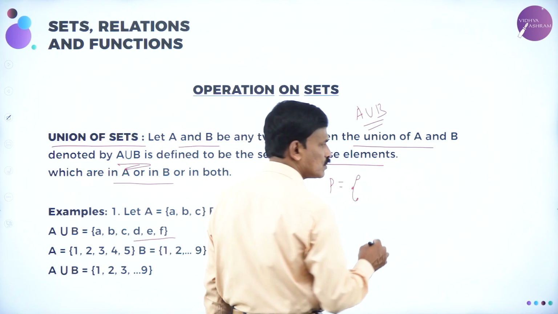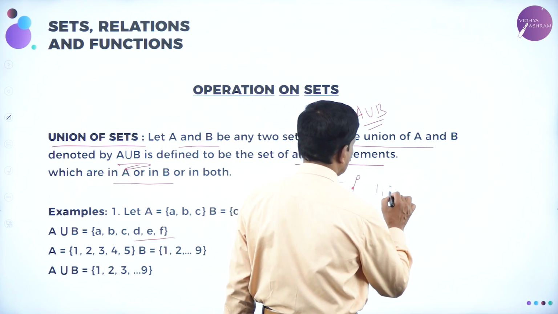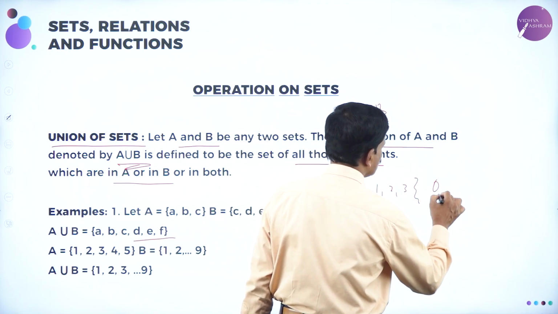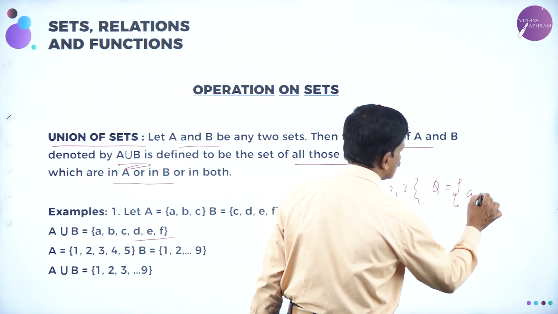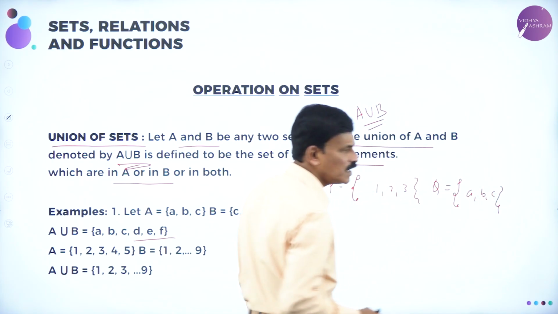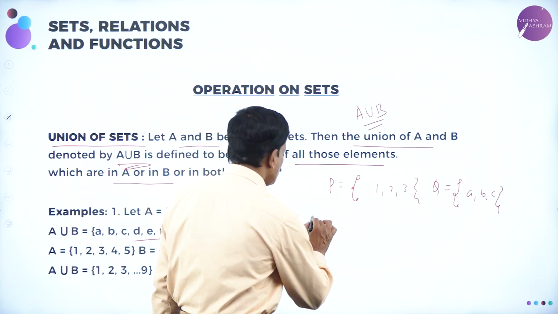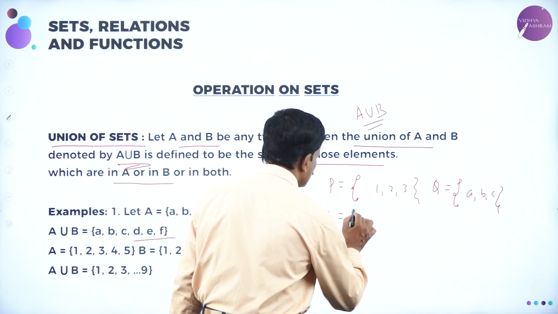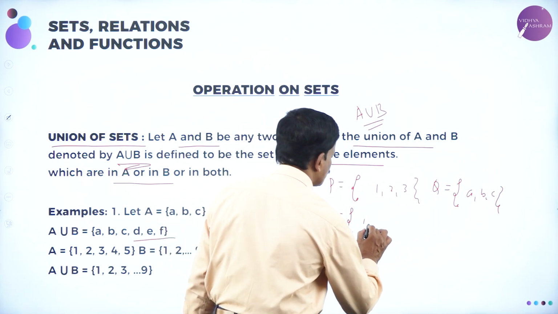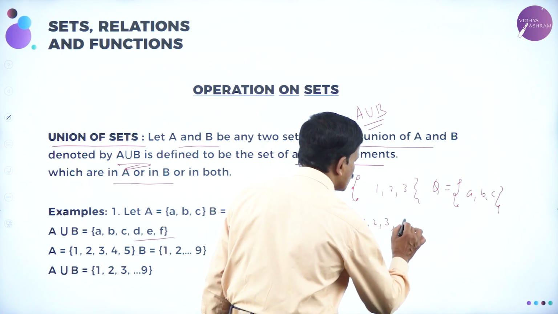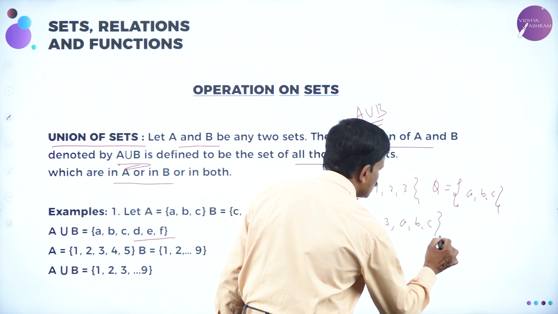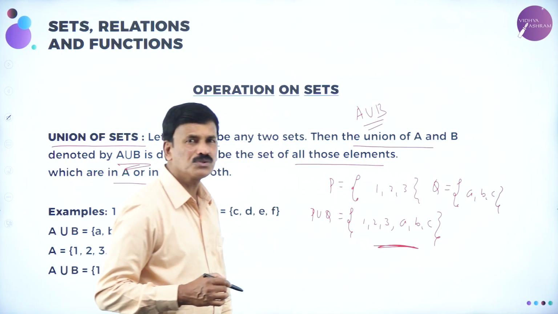If P is equal to {1, 2, 3} and Q is equal to {a, b, c}, then P union Q is nothing but all the elements of set P, 1, 2, 3, and set Q, a, b, c. This is called the union of two sets.